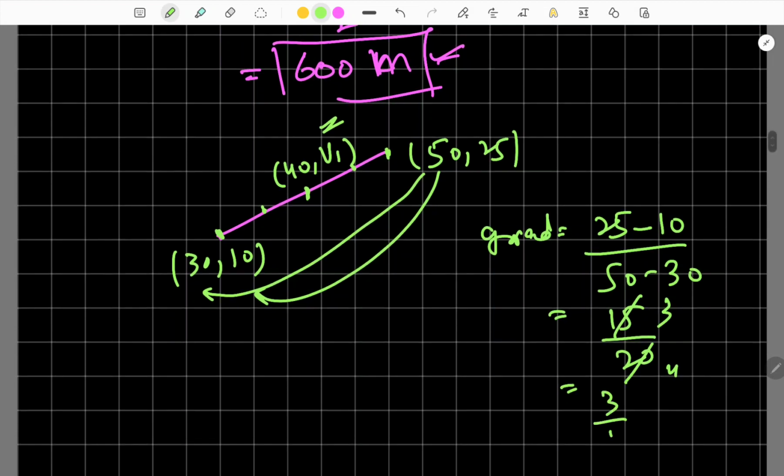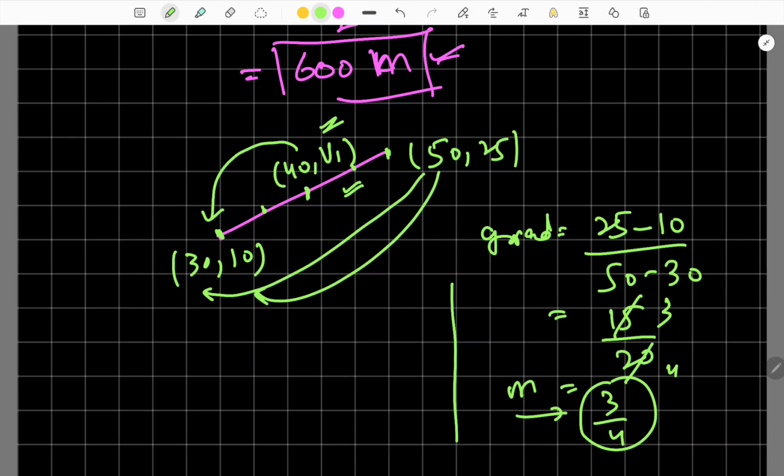So the gradient is 3 over 4. इसमें कोई doubt beta? Clarity? Now we'll again apply the concept of gradient, using any 2 points, but involving 40 and v1 also. So let's use 40 and v1 and 30 and 10 and again find the gradient.